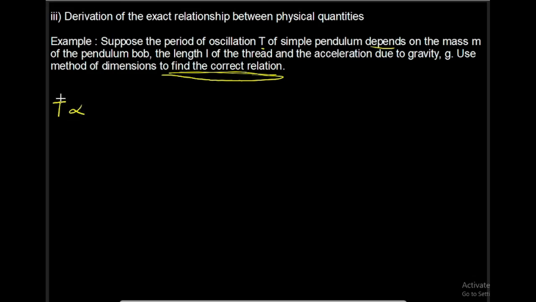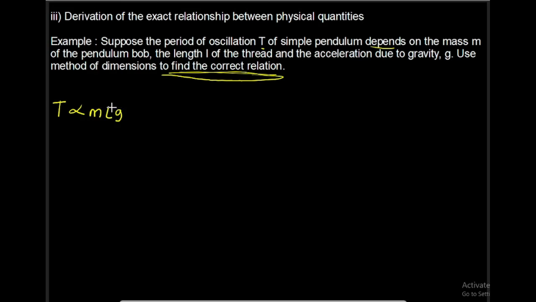So it says suppose the period of oscillation depends on the mass of the pendulum bulb, the length of the thread L, and the acceleration due to gravity g. Use method of dimensions to find the correct relation. So this is not yet the correct relation. To know the correct relation, we are going to assign letters as powers here.